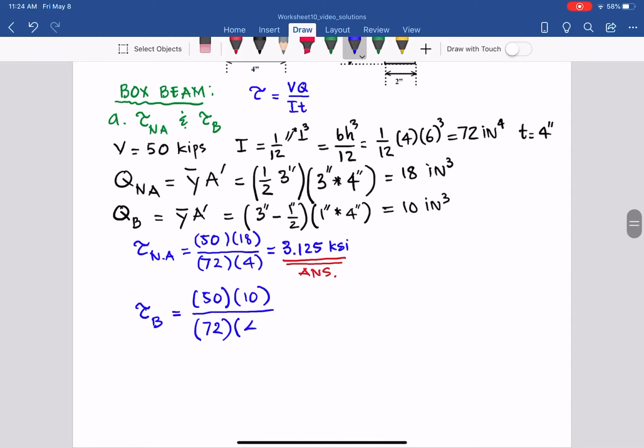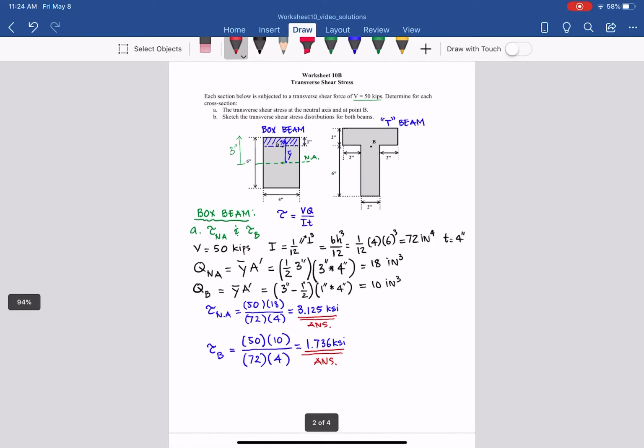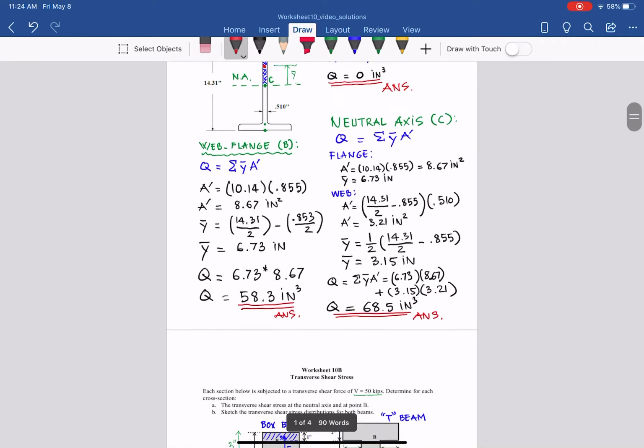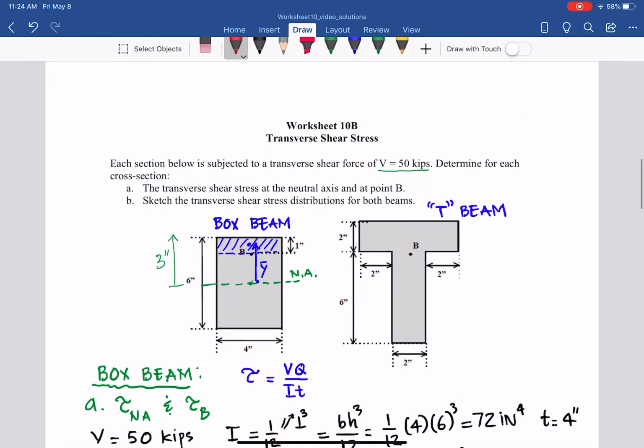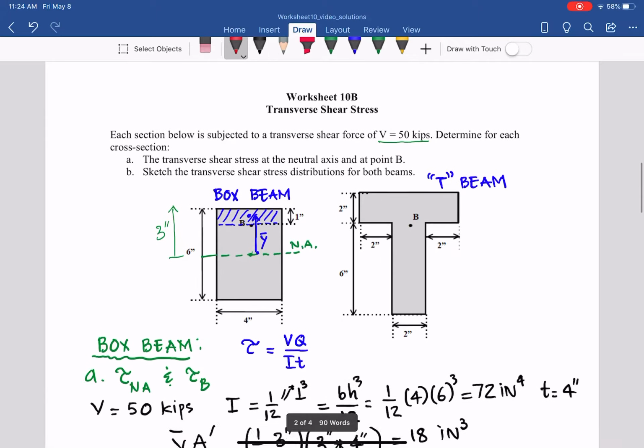So from that it will be 1.736 KSI. And that is the second answer for part A of the box beam. And the question also wants a sketch of the transverse shear stress distribution for both beams.